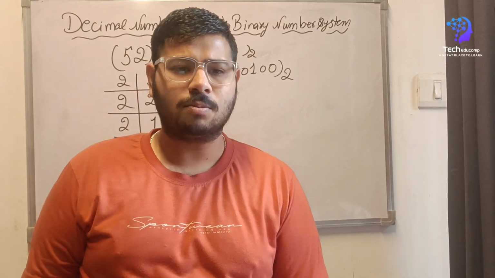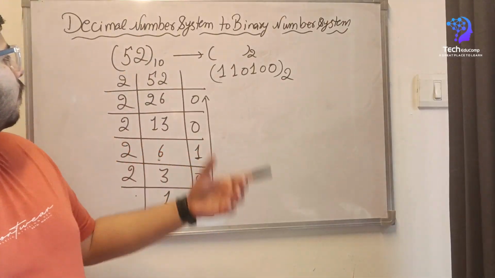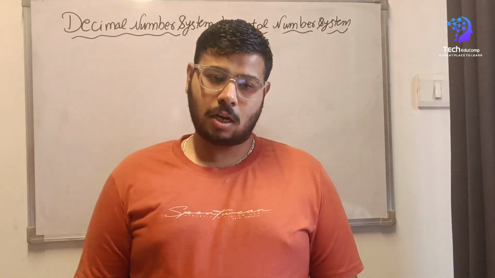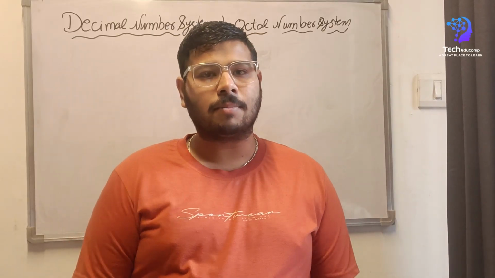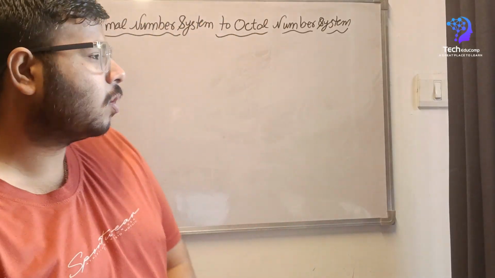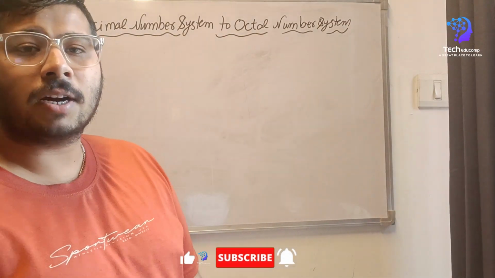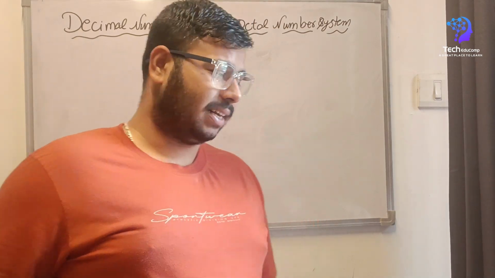So let's move forward and see how you can convert a decimal number into the octal number system. We will use a similar method to what we saw when converting a decimal number into the binary number system.